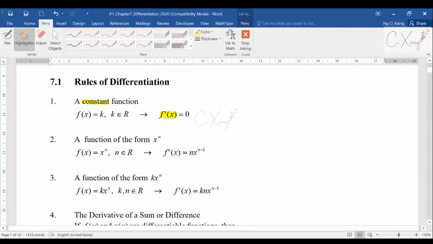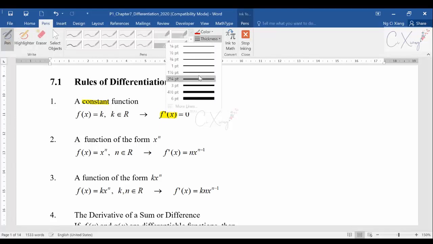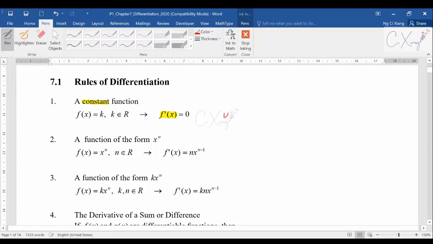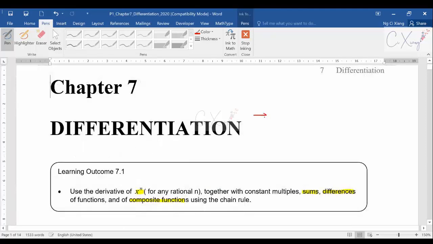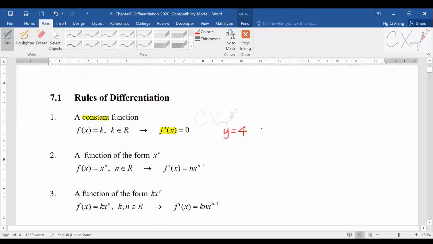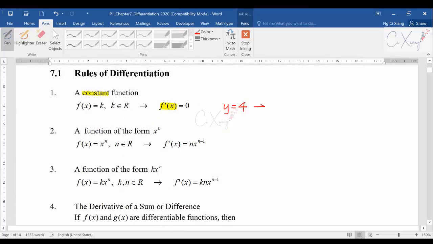Or the other way around, if they give you an equation in y, let's say y equals 4, and you want to get the differentiation for y, it will be dy over dx, which equals 0. If they give you the equation y, then the differentiation will be dy/dx.